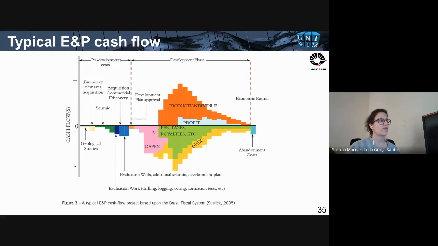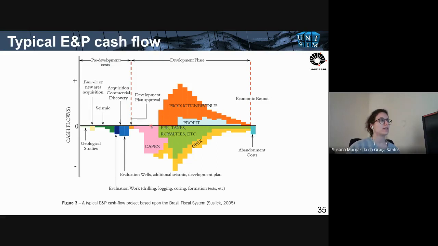And then when you start production, which is here, you start having revenue. So you start selling either oil, gas, or both. But you also start having new costs, which are the royalties, taxes, and so on, and also the operating costs, the costs of maintaining your platform. You have some fixed costs there, which is the personnel, cooking, and so on, and you have the variable costs, which will depend on production.